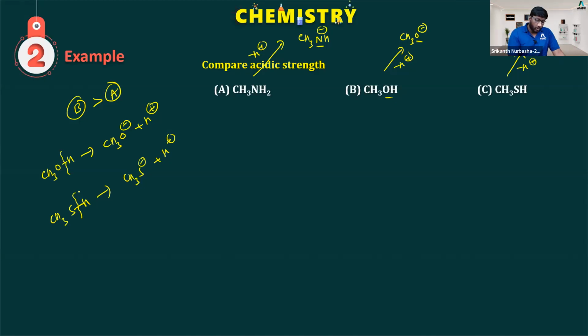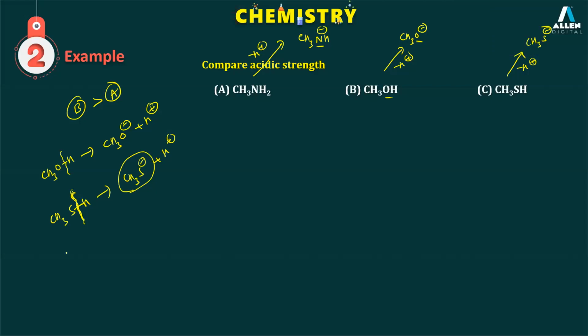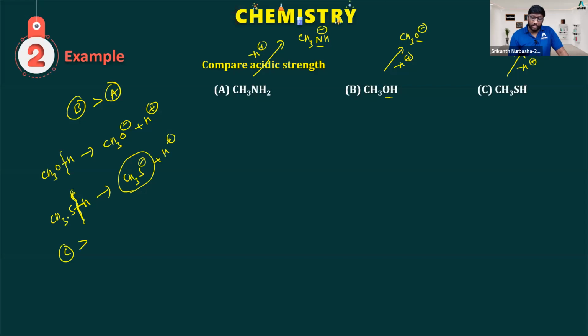So the overlapping is poor, and weaker the overlapping, greater the bond cleavage. So CH3S minus is more stable, which means CH3SH is more acidic than CH3OH. So B is greater than A, and C is greater than B. Therefore, C is greater than B, then A. CBA is the right order.